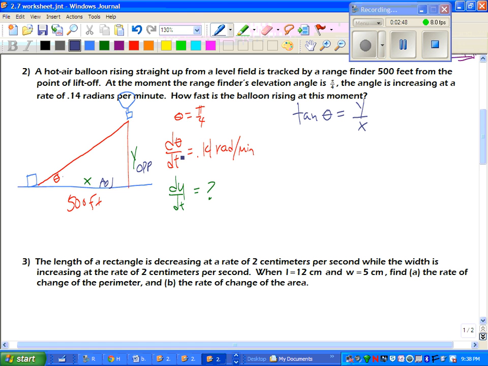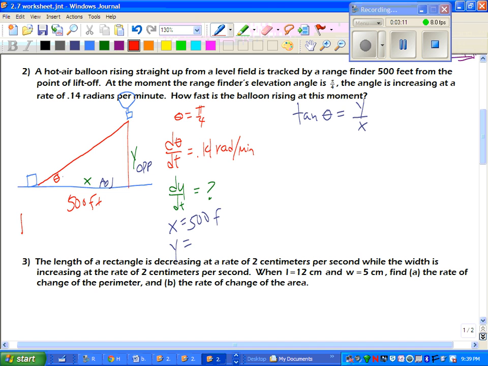We've got the d theta dt, we've got theta, we've got x. We want to find out what dy dt is. We want to figure out what y is. So x is 500. Y we don't know, but we can use this equation just like we used Pythagorean's theorem to find the missing parts. We could use this equation to find our y value.